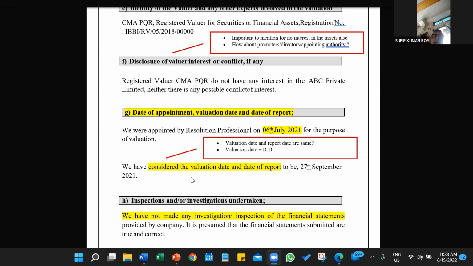Actually, it should be as is, where is basis. Correct. But as of the date when you are doing it, whatever you see, you will value it. Yes, but it is always important to consider that timeline. This is what I have been doing. The insolvency commencement date is like a threshold, and basis that you will arrive at the details, the report, the valuation.